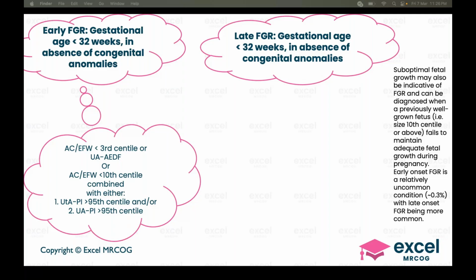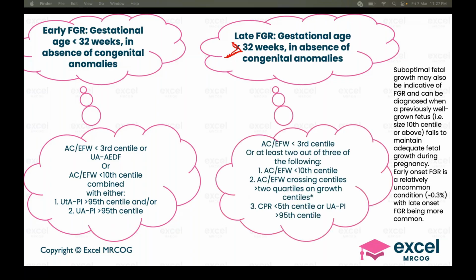The very fact that the pregnancy has reached more than 32 weeks means the placental insufficiency is not so high, and you would not have absence of flow. So we don't have absence of flow in late FGR. What do we have then? We have the same definition of AC or EFW less than third centile, which applies everywhere, or at least two of the three.